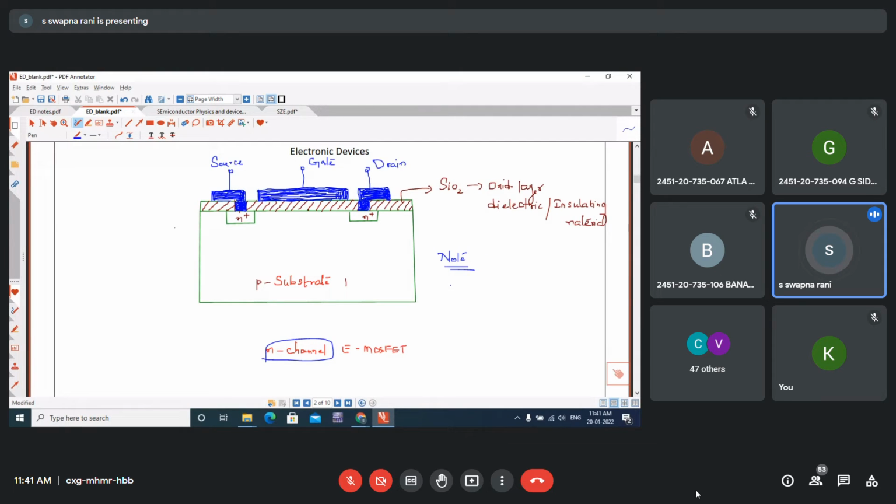Always in N channel, the substrate is to be connected to the more negative potential.